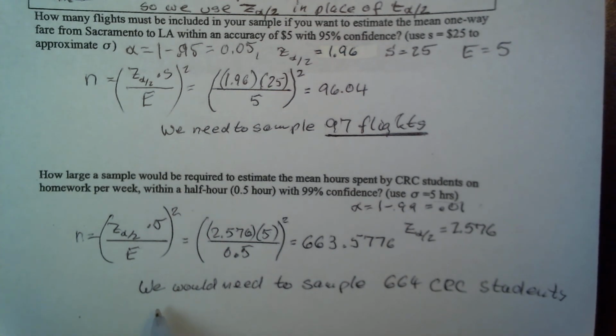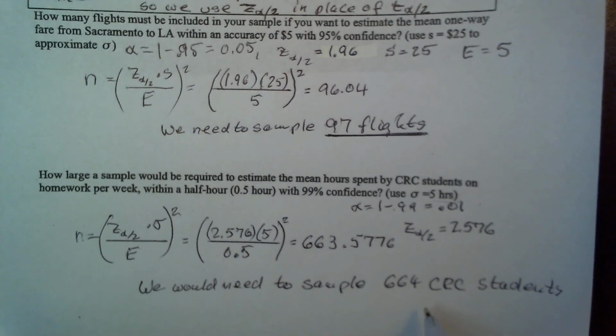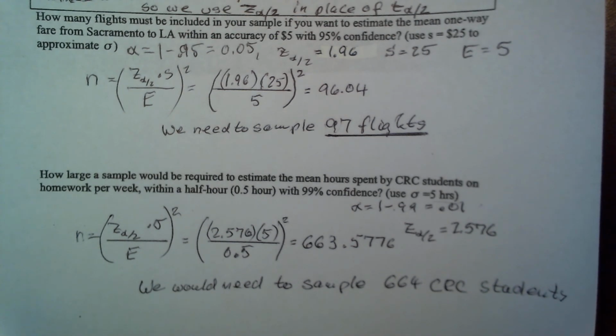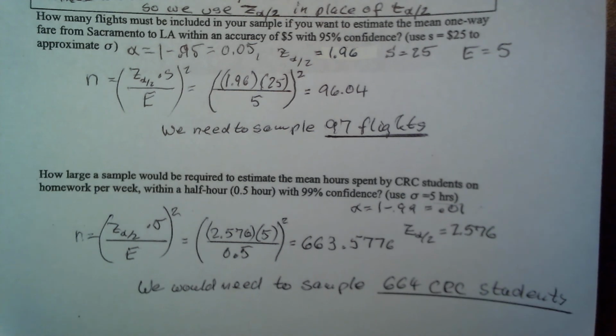So the answer is we would need to sample 664 CRC students. These two examples showed you specifically how to compute the sample size to achieve a given margin of error.